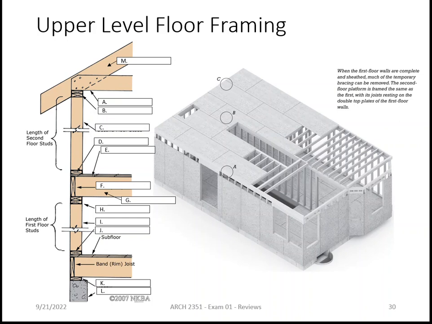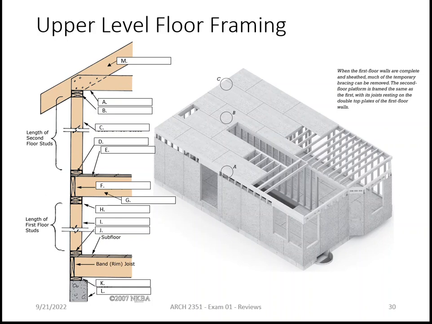Rafter, right? What's B? Top, it's a double top plate or the top plate. Sometimes it's double, sometimes it isn't, but this is the top plate. In this case, it is double because there's two X's there, right?